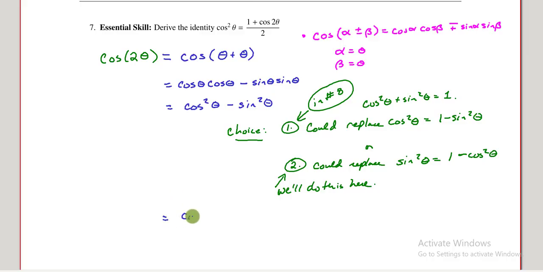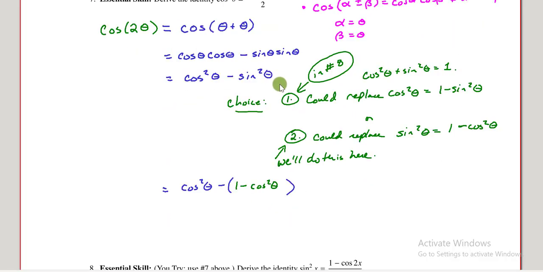This is equal to cosine squared theta minus, and then I'm going to replace all of this with 1 minus cosine squared theta. We're getting a little bit closer to our eventual answer. So this gives me cosine squared theta minus 1 plus cosine squared theta, or 2 cosine squared theta minus 1.